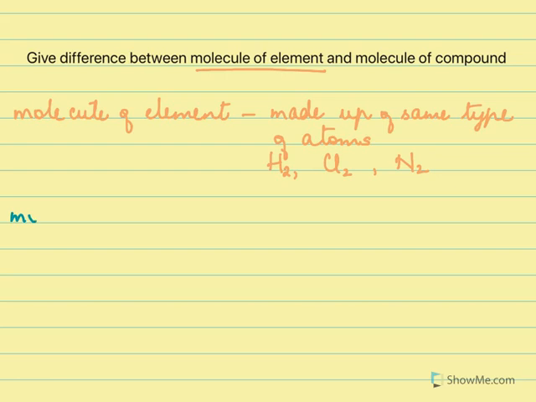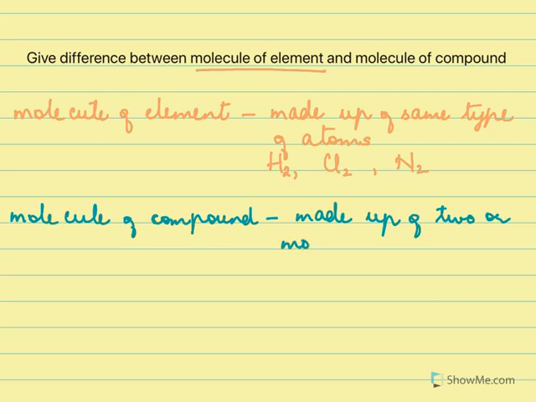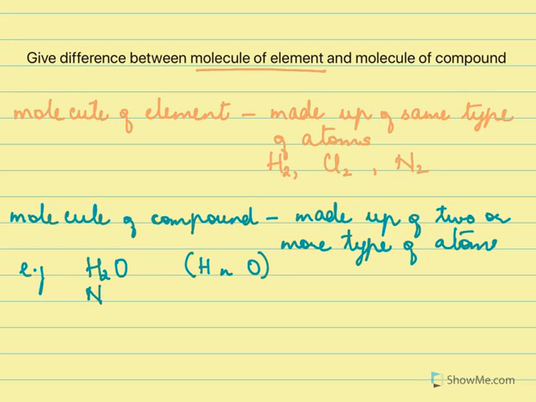And a molecule of a compound is made up of different types of atoms, two or more types of atoms. Example, water, H2O, made up of hydrogen and oxygen. Or sodium chloride, made up of sodium and chlorine, and so on.